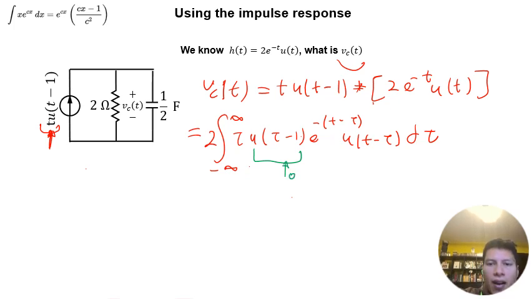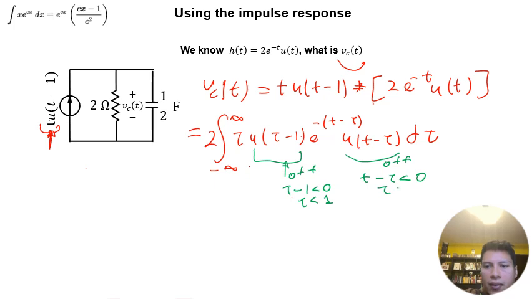This one is off when tau minus 1 is less than 0, or when tau is less than 1. And this one is off when t minus tau is less than 0, or tau is greater than t. So that tells me that I can start my integral from 1 and end my integral at t.